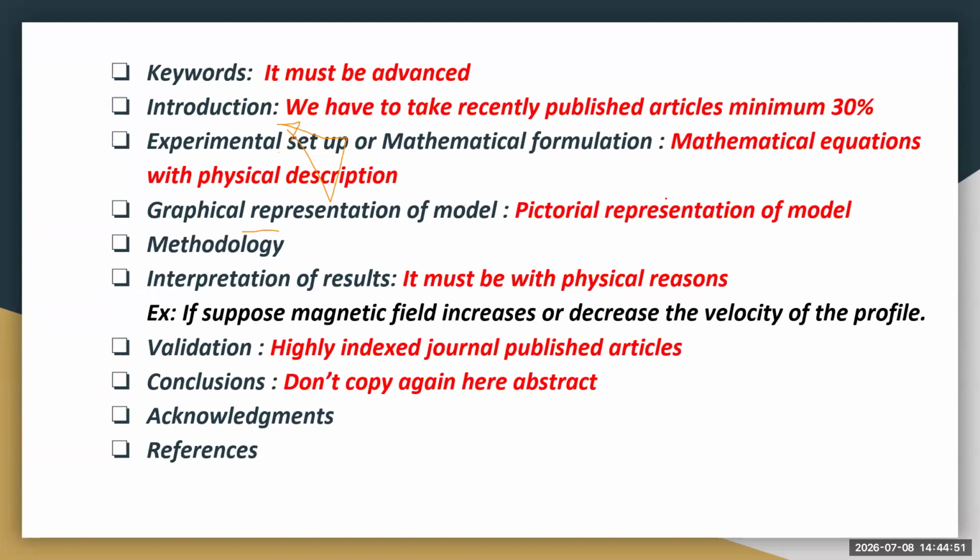Another important thing, the next stage, is the conclusion section. Most people, in the initial stage, just copy and paste the abstract. But in the abstract we have only one or two results. You cannot mention all the results in the abstract. The main physical results you may mention in the abstract, but the conclusion is not like that.